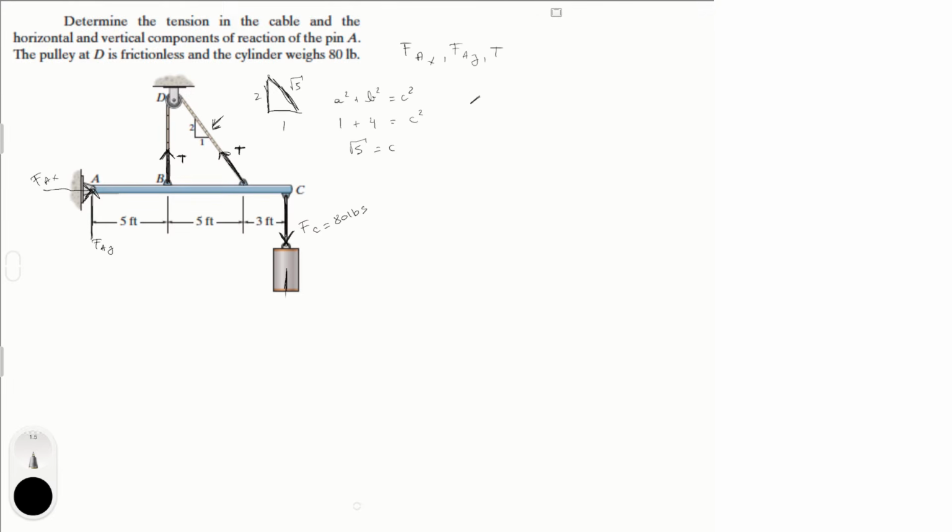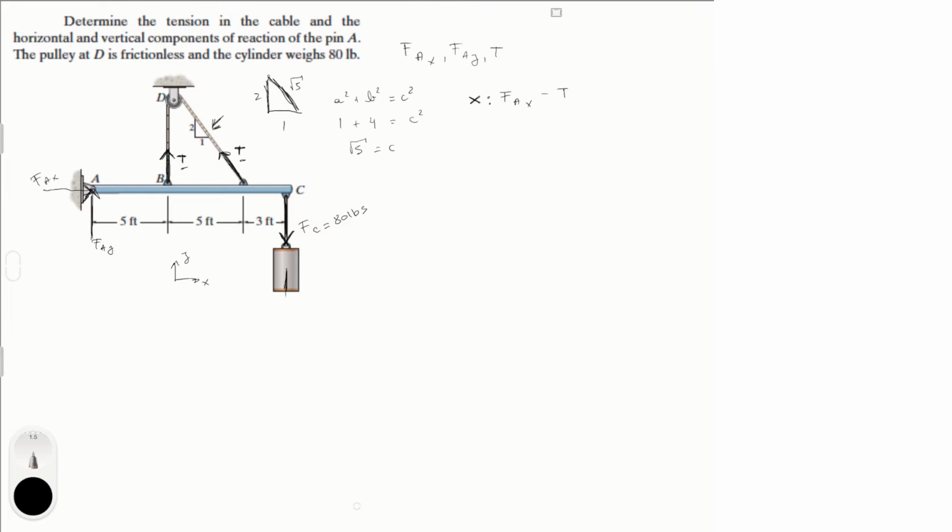Okay, so let's assume this is the x and this is the y direction. So F of A in the x is going to the right, so it's positive, minus T, the tension, this tension right here, because this tension is going straight up. It has no x component.